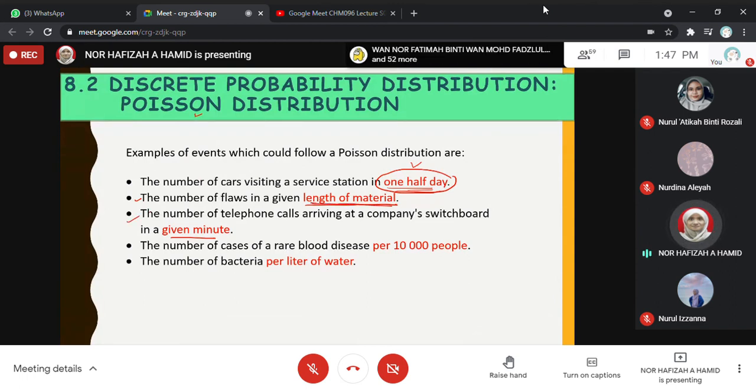Number 3 is the same, given minute, meaning in 1 minute. Then the number of cases of a rare blood disease, per 10,000. Lastly, the number of bacteria per liter. This is also given in terms of an interval.